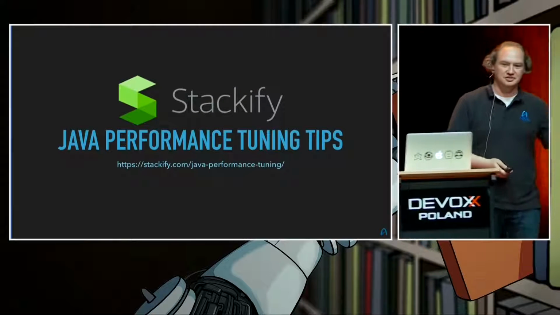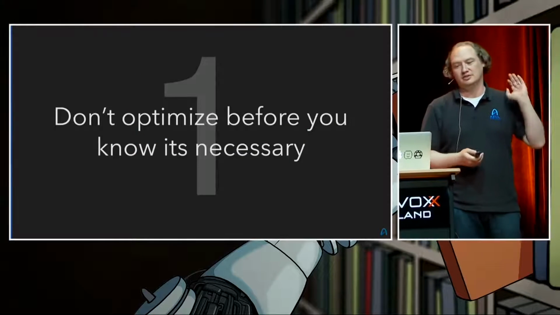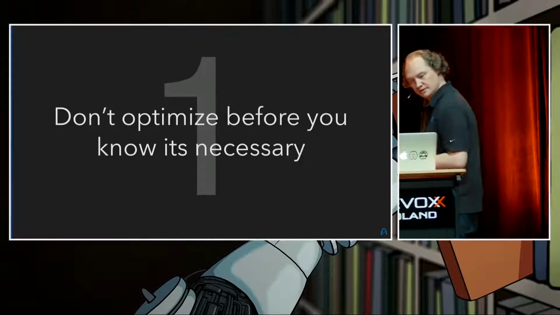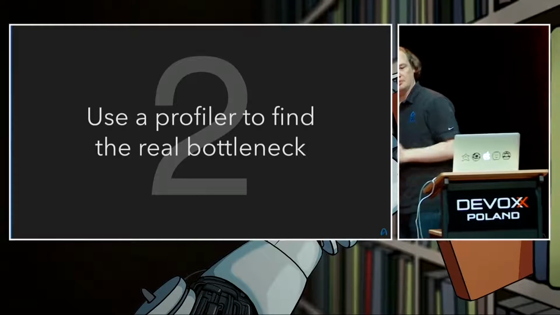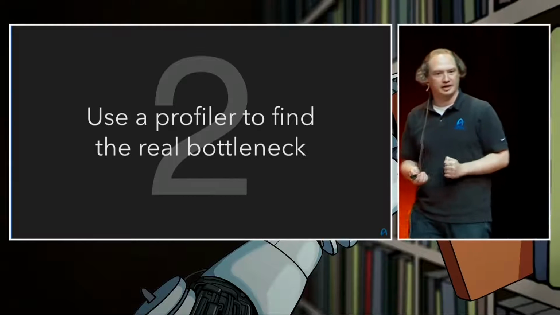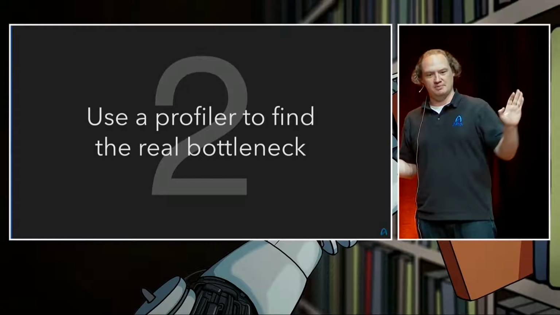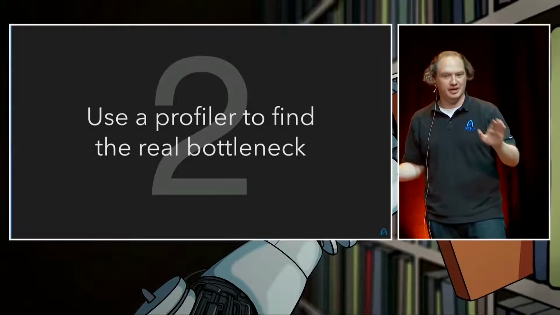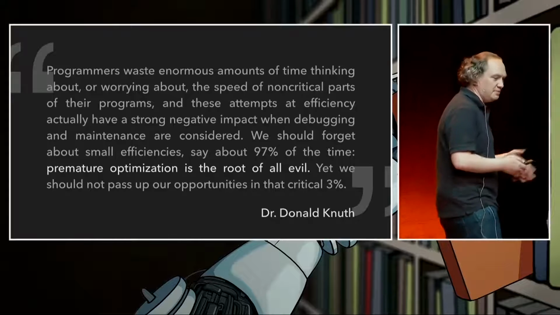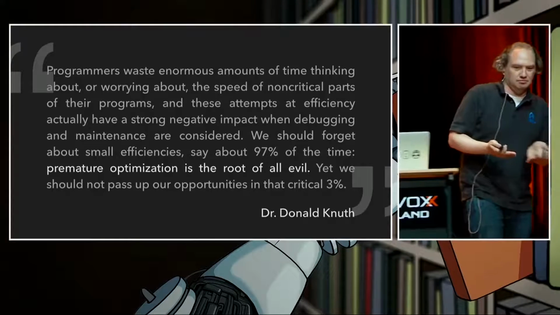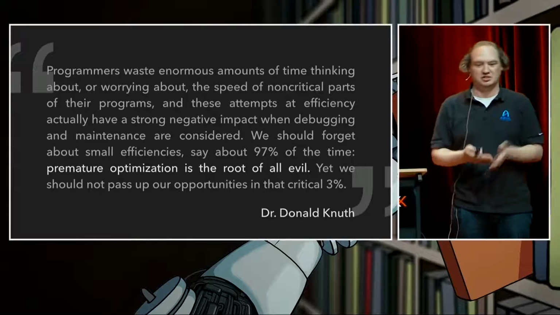And the first two suggestions were, don't optimize before you know it's necessary, and use a profiler to find the real bottleneck. This isn't new advice by any means, but it's correct advice. This is pretty much just the advice that Knuth gave us long ago, just applied to Java.